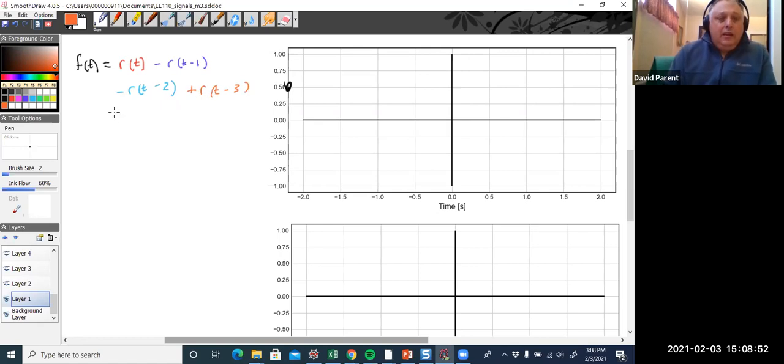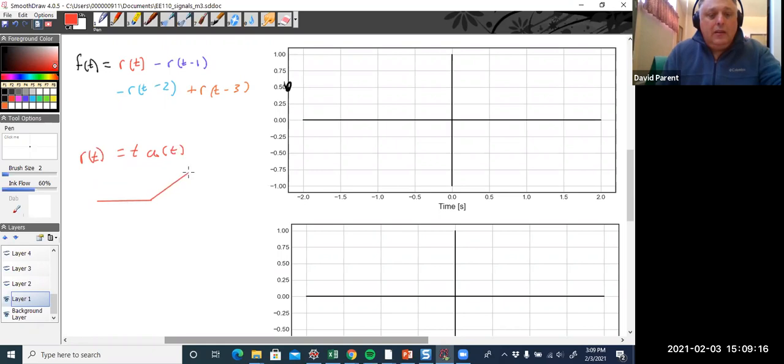Okay, and just as a quick review, the ramp r(t) function is t times a step function, and it gives us a unit slope upwards at time equals 0.